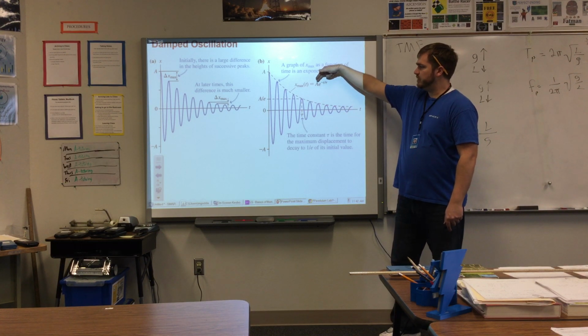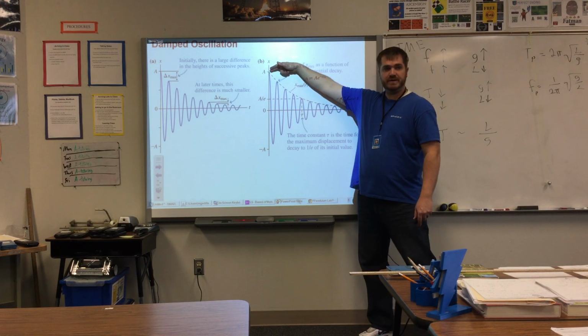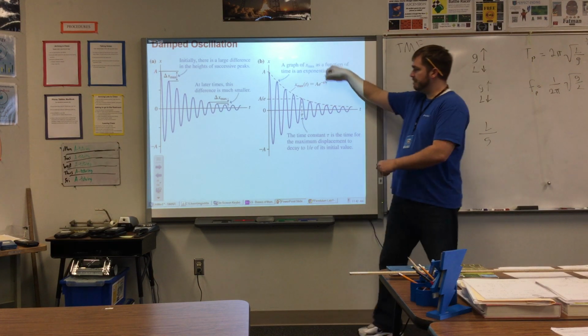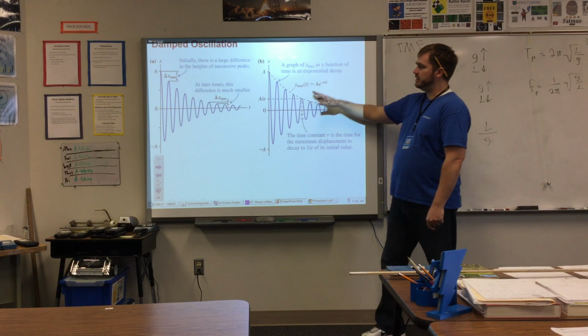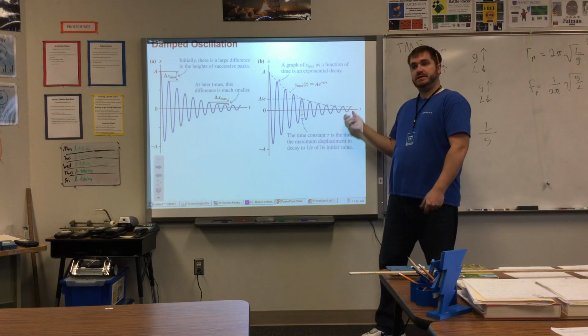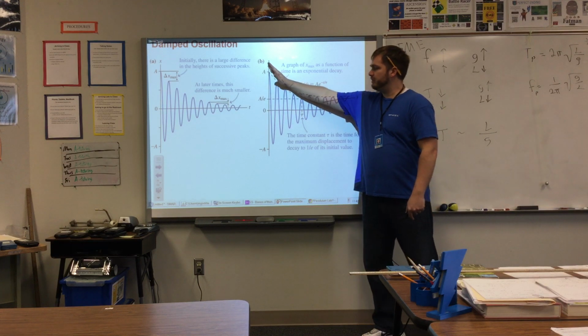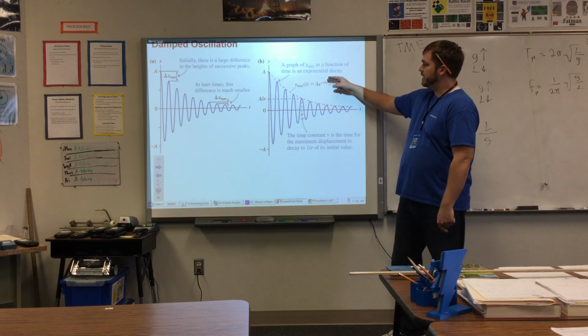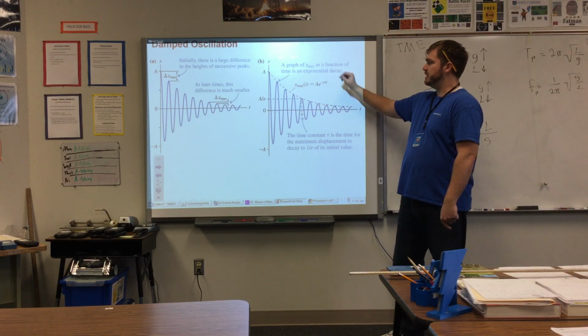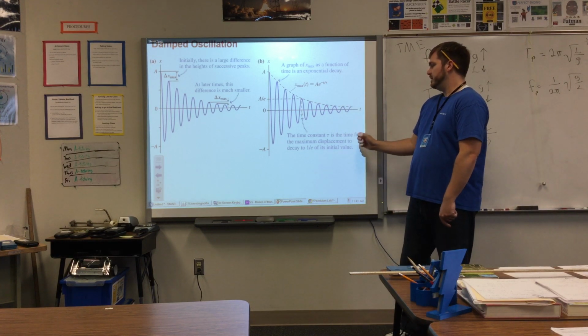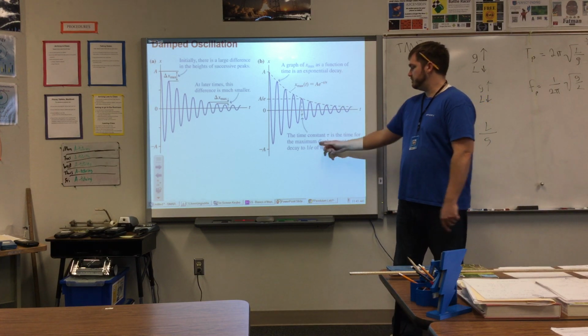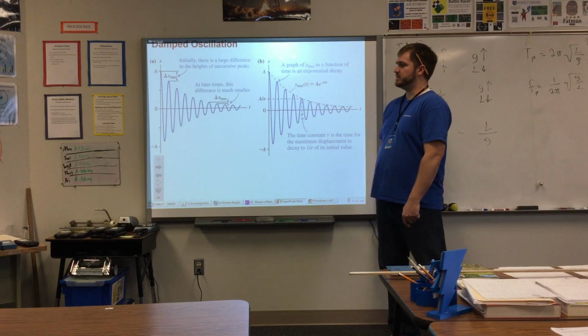So you've got your a, which is your maximum value right up there, your y-intercept, and then e, which we talked about in pre-cal actually today, Euler's number, and then this is negative in the exponent because it's going to bring it down. T over tau, tau is used to talk about the time of displacement till it degenerates to a certain point.